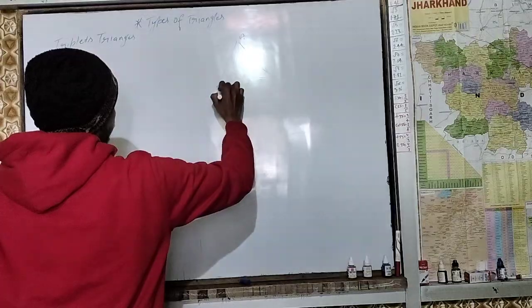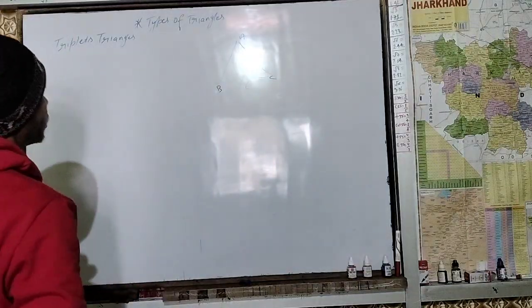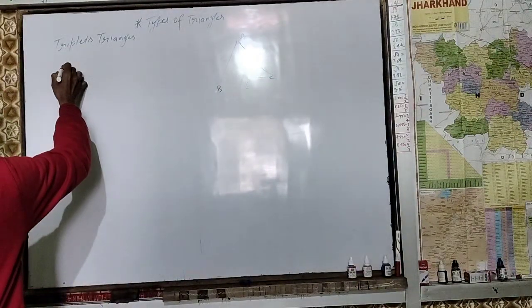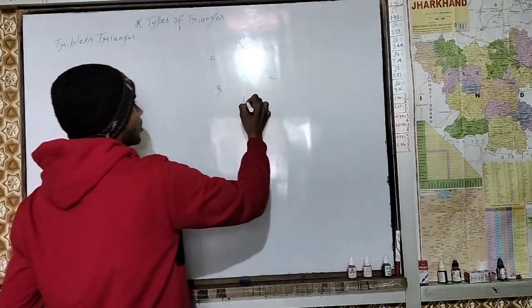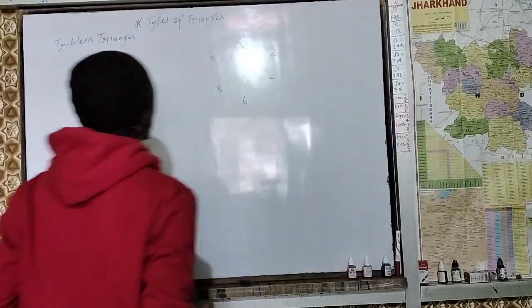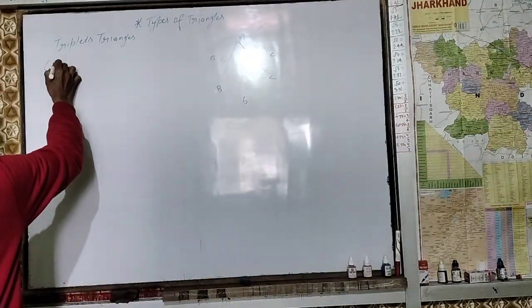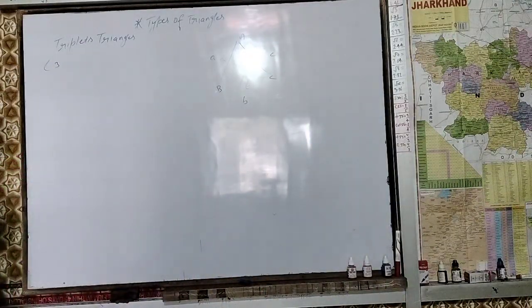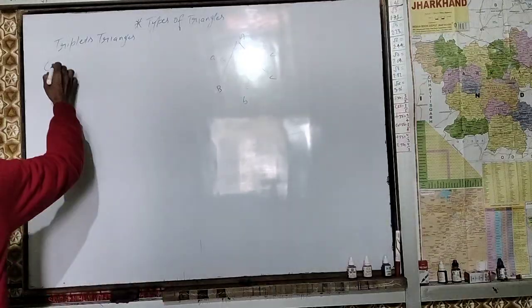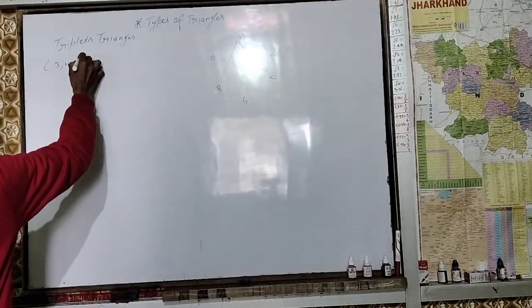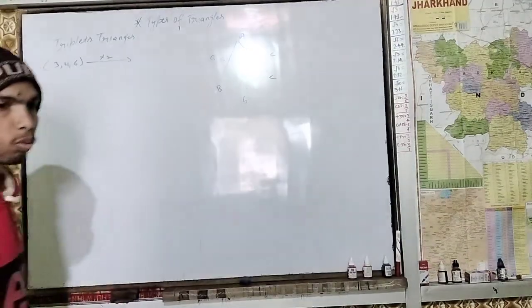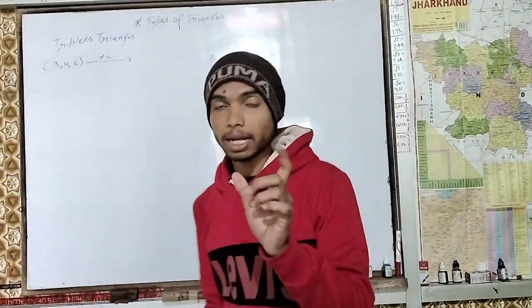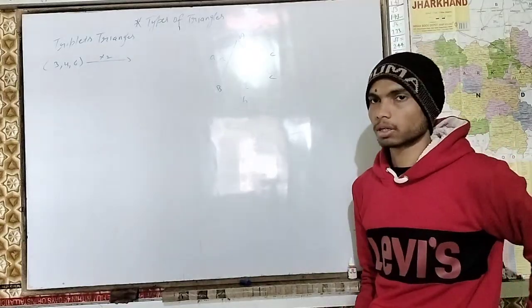A, B, C. Here we can see B is 6 and C is 4. If you multiply 3, 4, 6 by 2, only the length will increase, but the angles will not change.